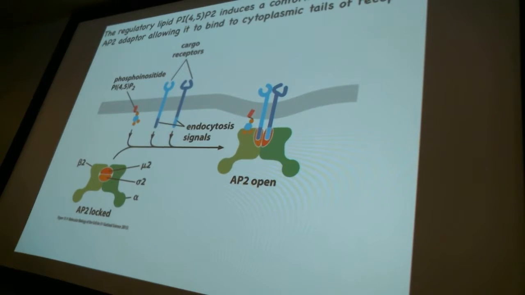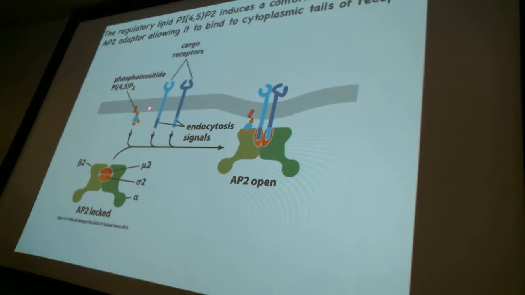In the case of clathrin-mediated endocytosis, the AP2 adapter is an important protein. This AP2 adapter is formed out of 4 subunits, and normally it is in the cytosol in this locked form. This means that these subunits are not able to recognize the tail of the receptors.